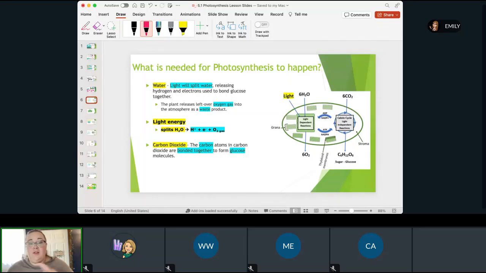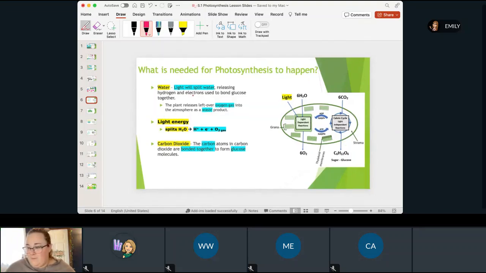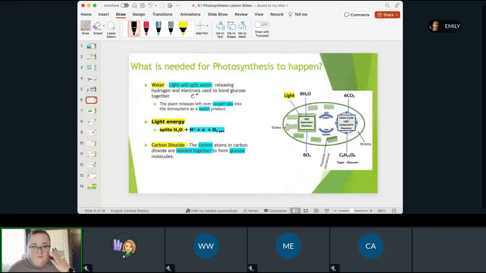Well, the light is going to split the water, which will release hydrogen and electrons, which we write as e negatives. So if you see a little e with a negative sign, that is an electron. Looking down here, the light splits water into hydrogen, electrons, and then oxygen gas.